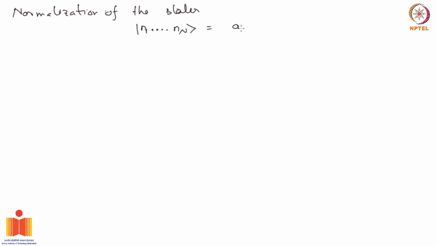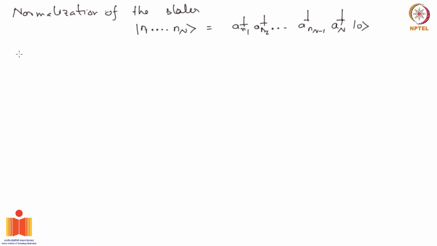This was A_N1 dagger, A_N2 dagger, and so forth, A_{N-1} dagger, A_N dagger acting on ket 0.